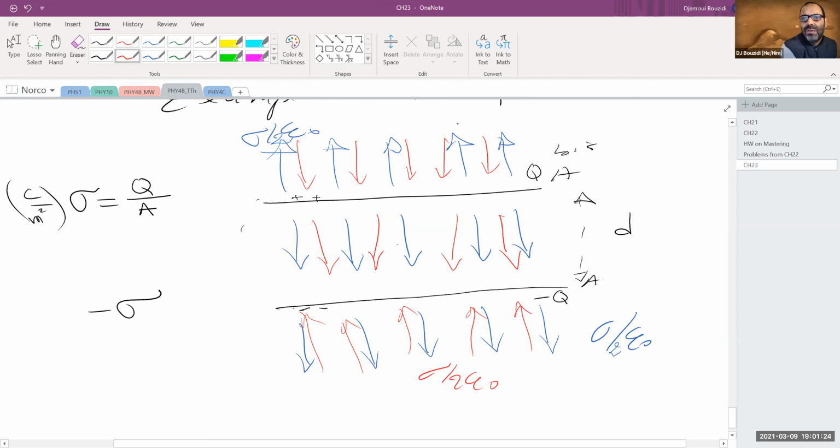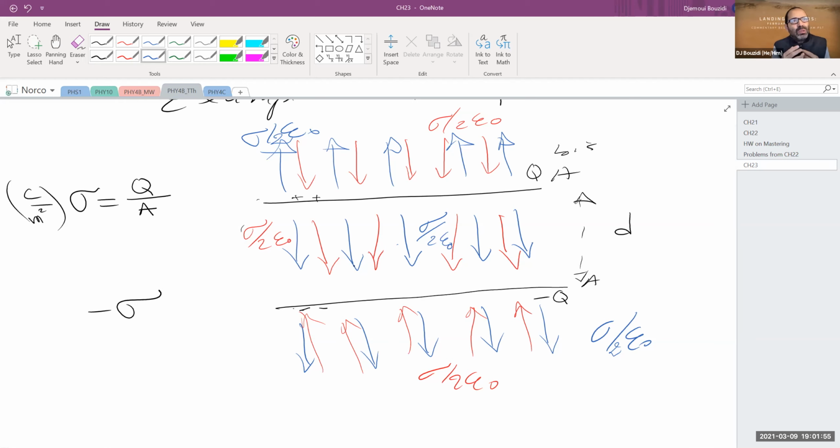So the red ones are sigma over 2 epsilon naught, pointing down toward the plate from the top and pointing up from the bottom toward the plate. And the blue ones are also in magnitude sigma over 2 epsilon naught, pointing down away from the plate in the bottom and pointing up away from the plate in the top. Okay. The values are the same, except one of them is pointing toward the plate that caused it, and that's a negative, and the positive pointing away from it. So far, so good, isn't it?